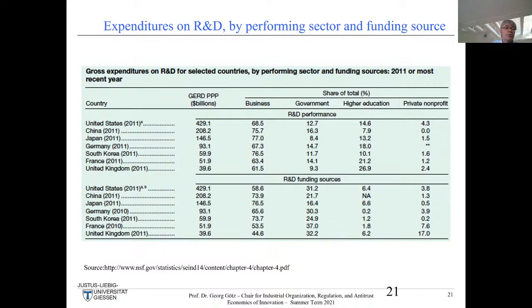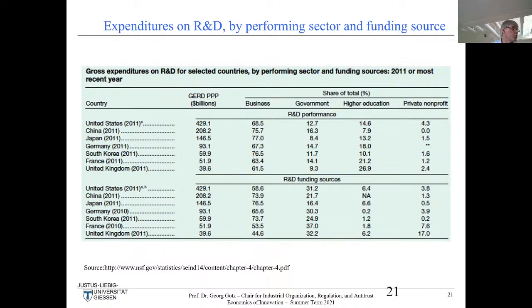And of course, for Greece, for instance, this was the other outlier. The government share was very high, and the business share was only 25%. And I think this is okay.